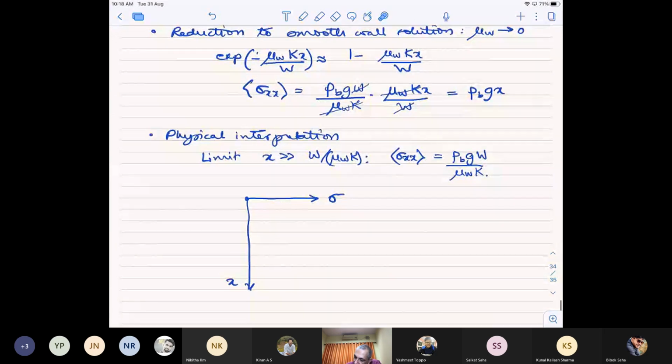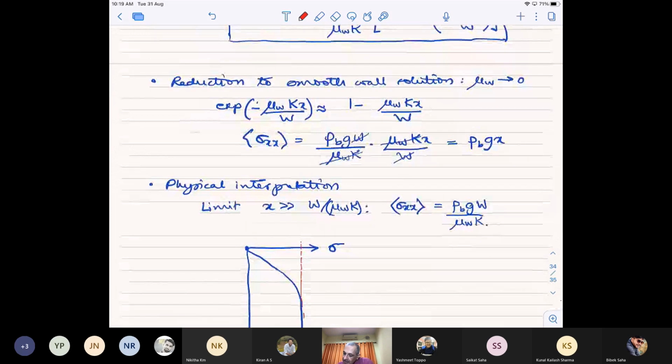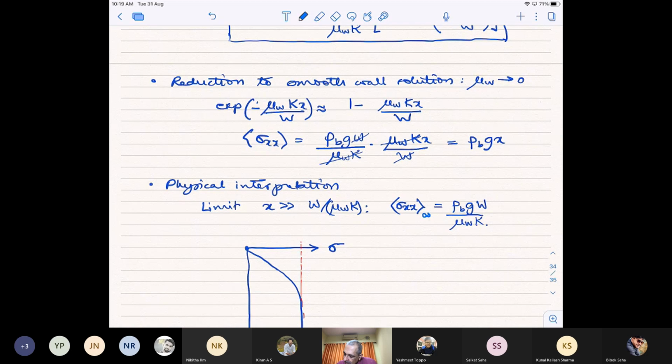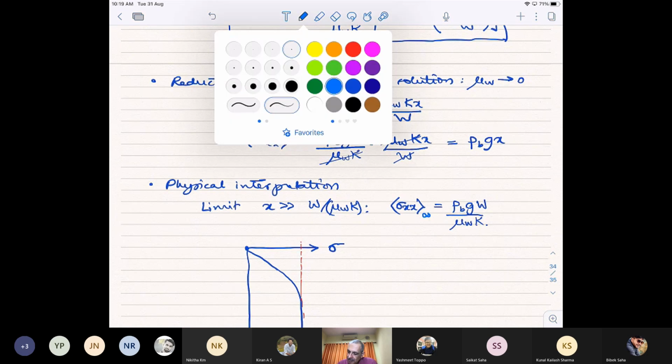So there is a linear behavior at short distances, and then it will just exponentially saturate. That means that you cannot have a normal stress that is larger than this value. Let's say we call this sigma. Oh, that is strange.